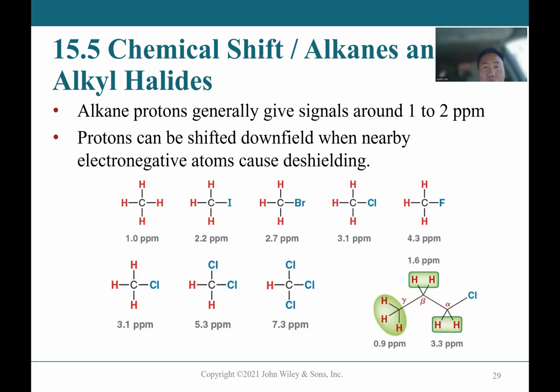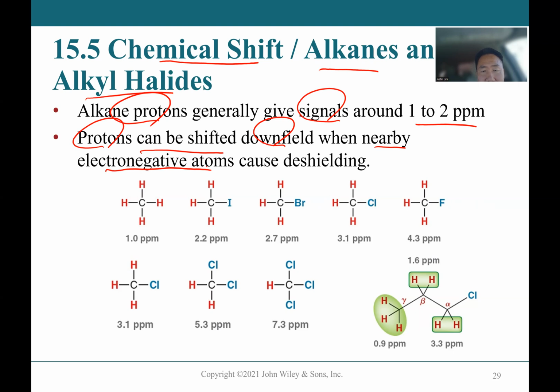Let's check chemical shift for alkane and alkyl halide. Alkane protons generally give signals around 1 to 2 ppm. Protons can be shifted downfield when a nearby electronegative atom causes deshielding. Electronegative atoms, examples: fluorine, chlorine, bromine, iodine.